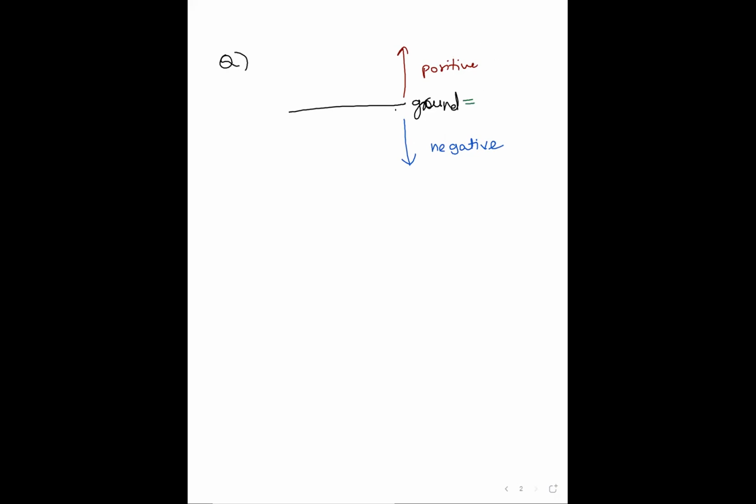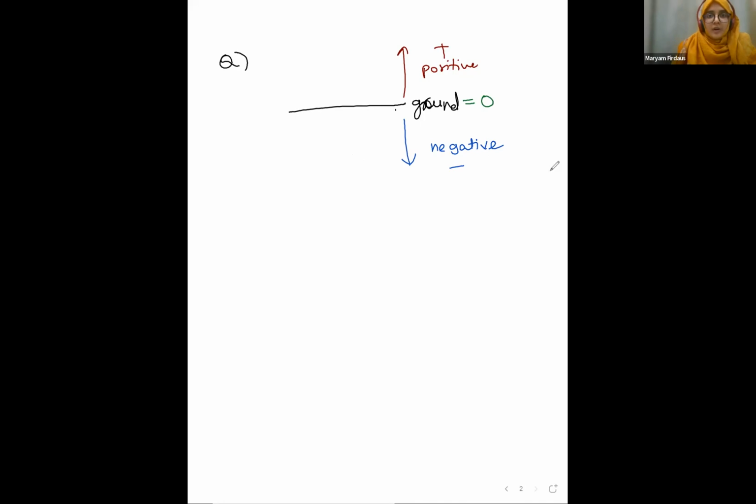What is the ground? It's not positive nor negative. Can you tell me something which is neither positive nor negative? 0. Yes, so the ground can be represented by 0.